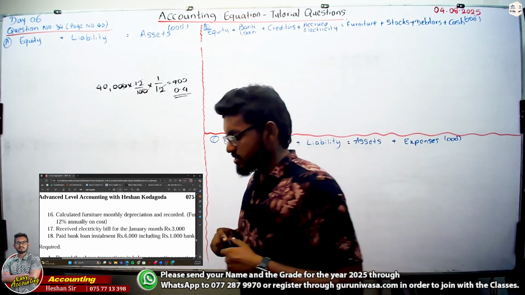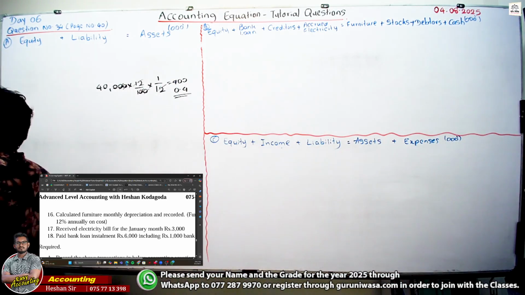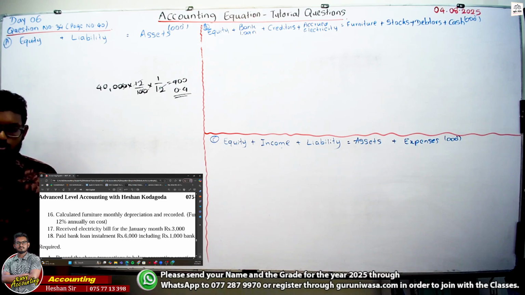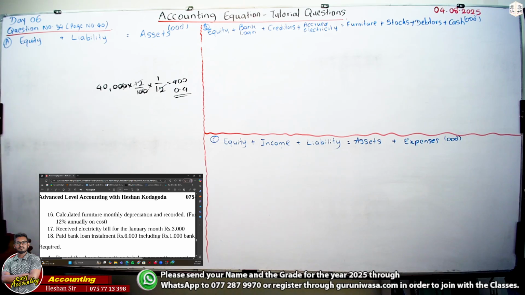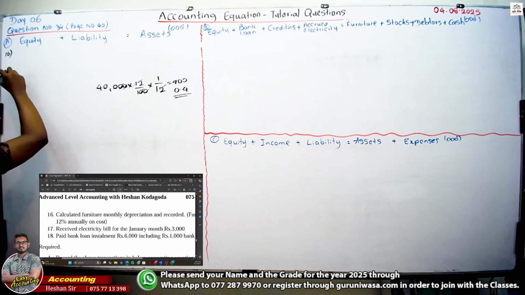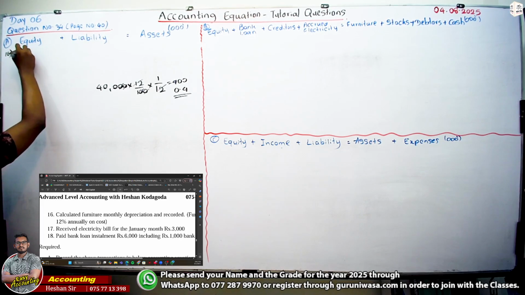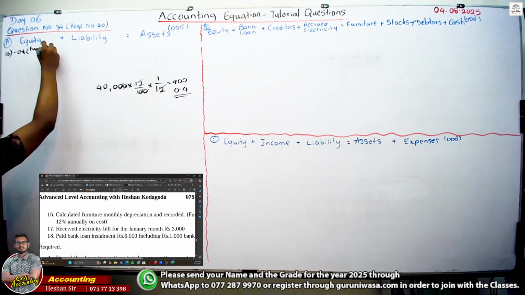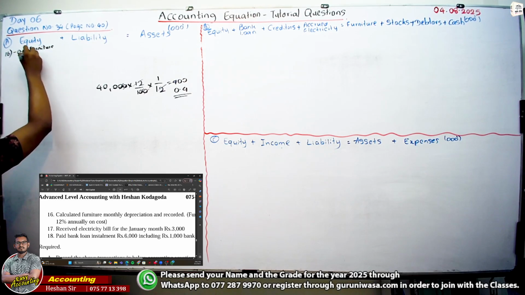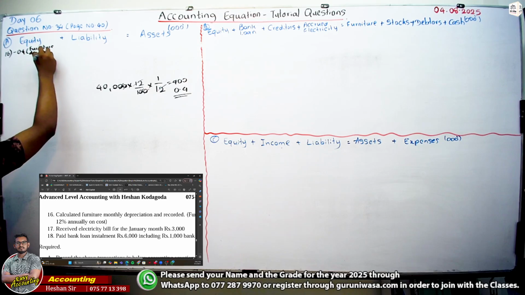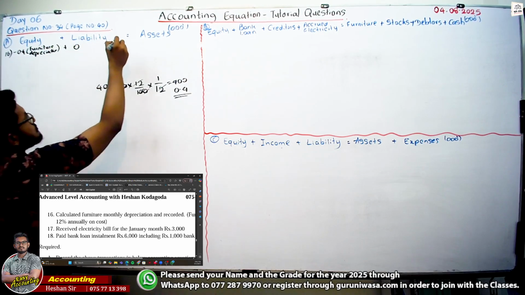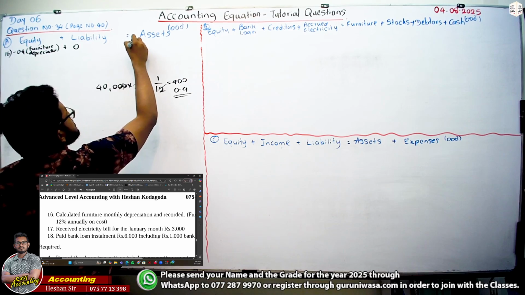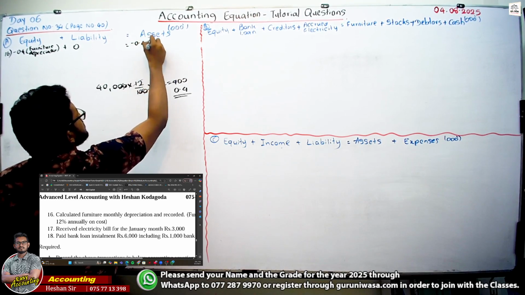I will do the workings at the end. So that is the 0.4. So number 16, equity decrease 0.4 as furniture depreciation. Minus asset 0.4 as furniture.